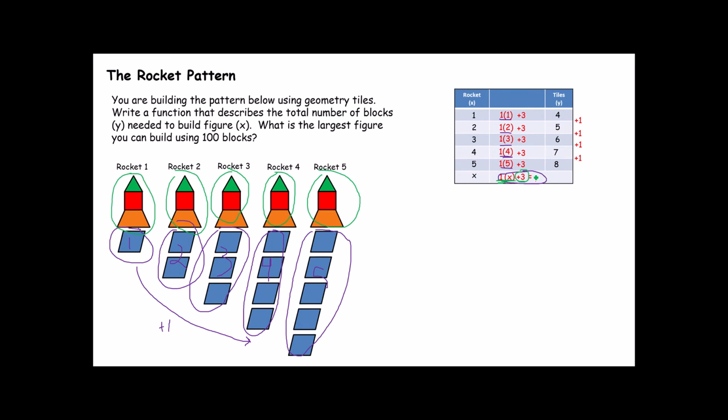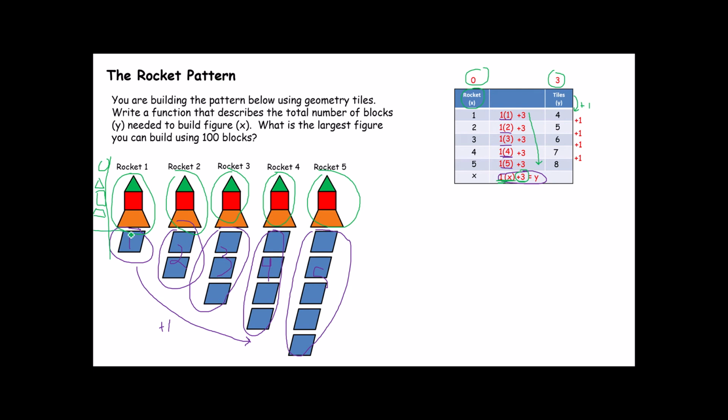Well, how could I get this number 3 without having to go to all this trouble? Well, if we were to go backwards, you could see that 0 tiles, or I should say a rocket ship of pattern 0, or the rocket that would be in position 0 over here, would be the rocket with no smoke.